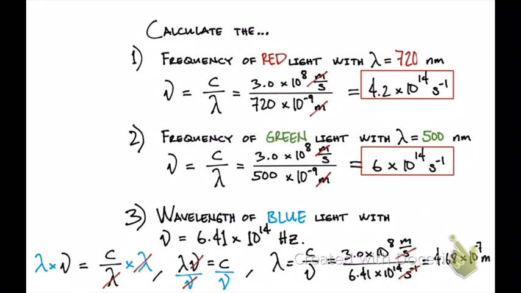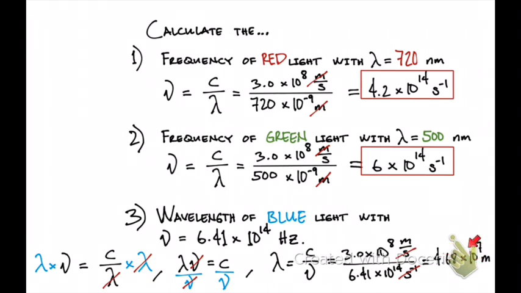Some, maybe on the test or in the online homework, might ask you for the wavelength in nanometers instead of meters. And so after solving for the wavelength, make sure to know what the unit is, whether it's in meters or nanometers.